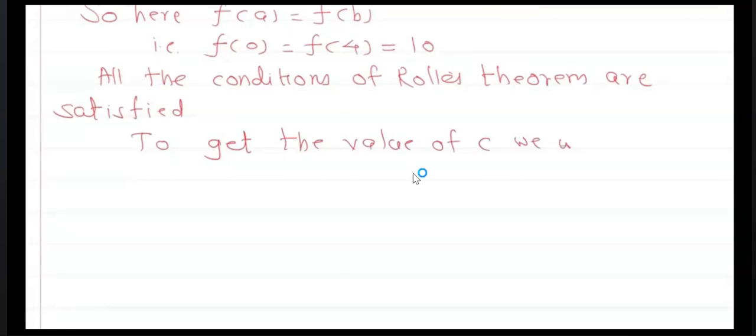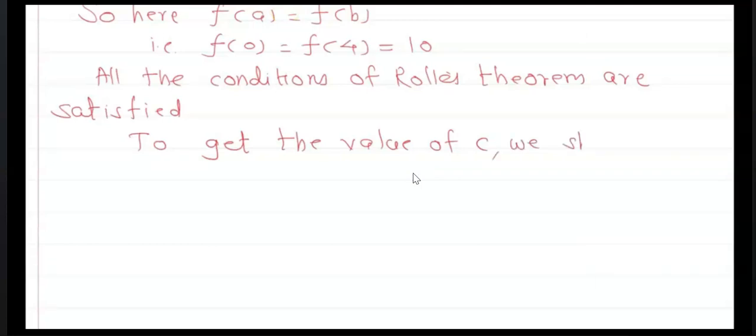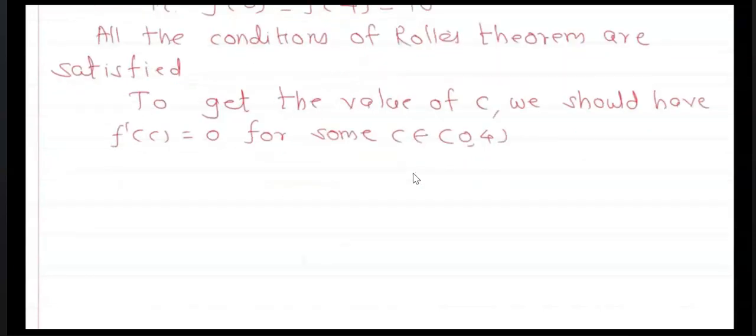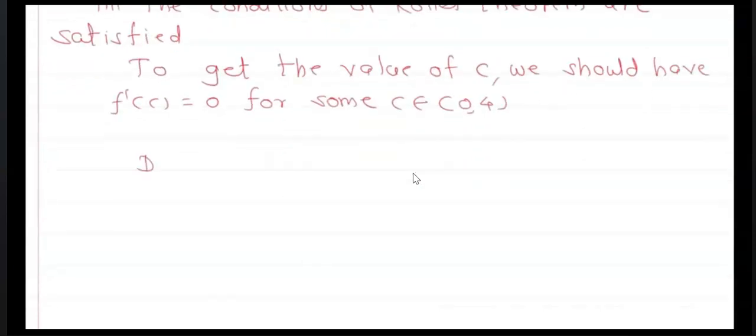To get the value of c, we should have f dash of c equal to 0. This point c lies between 0 and 4, and its derivative at that point is equal to 0, f dash of c.